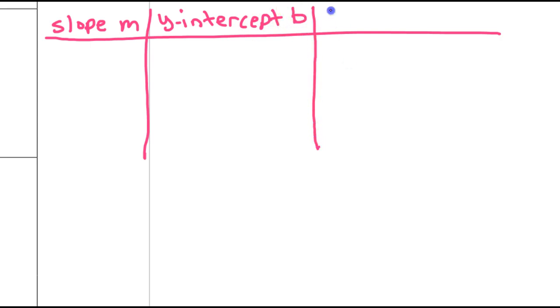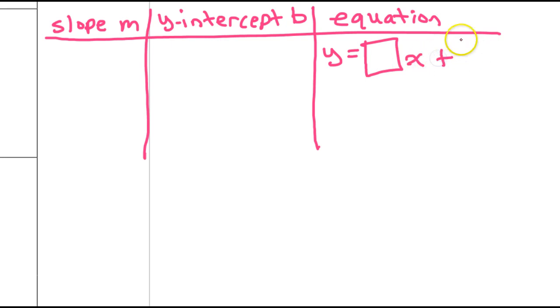And then the third column is for the answer, the equation. Now, when you go to write your equation, y equals mx plus b shows up like this. It's going to be y equals something x plus something, where that first box is for your slope and the second box is for your y-intercept.